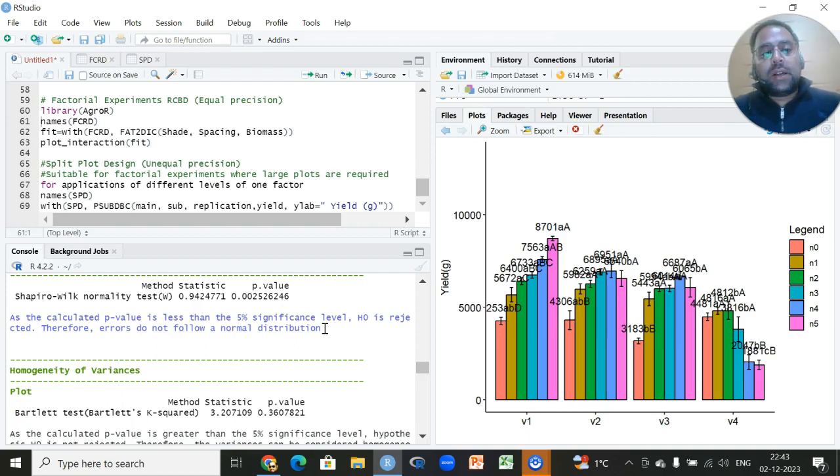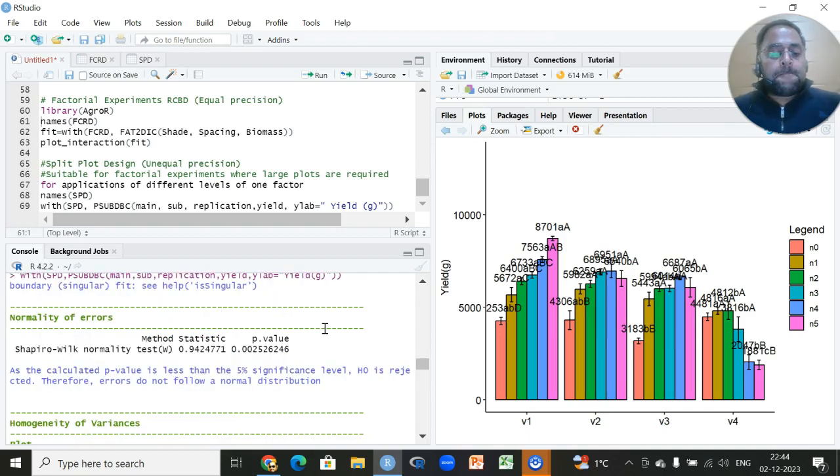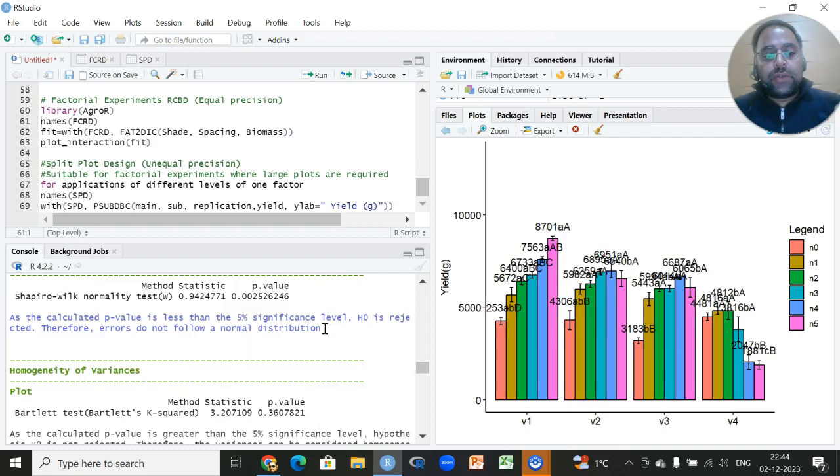The heart of every experimental design is analysis of variance, as analysis of variance is based on certain assumptions which always revolve around the residuals or errors. So we have to ensure that those assumptions are fulfilled.